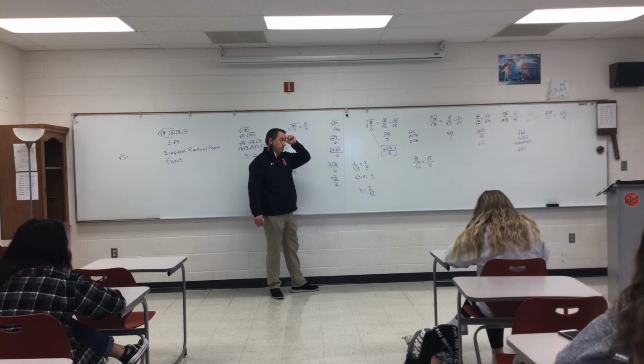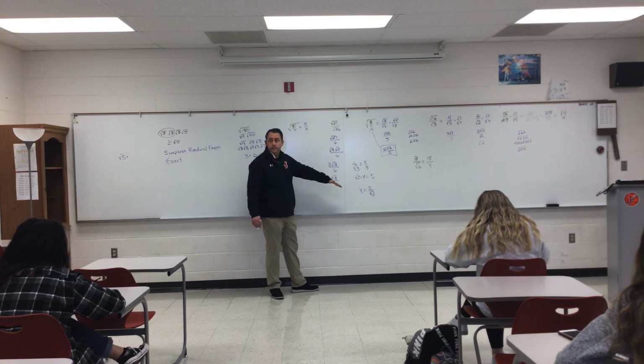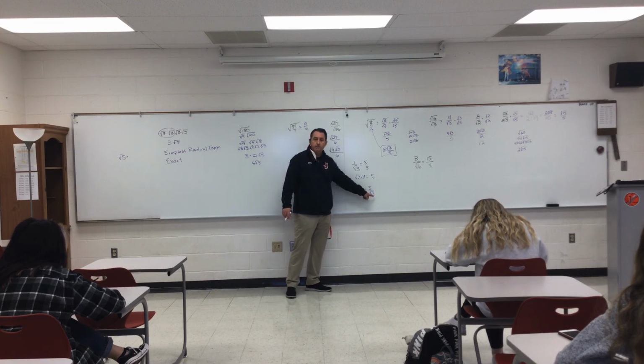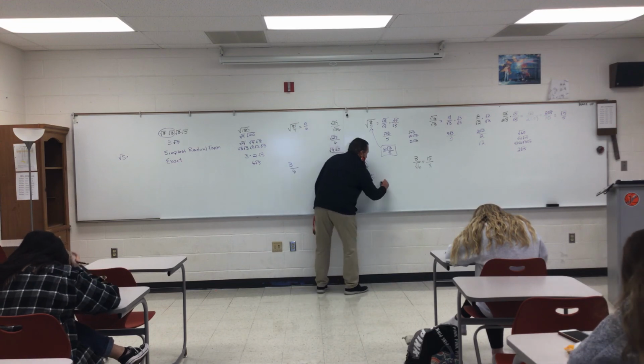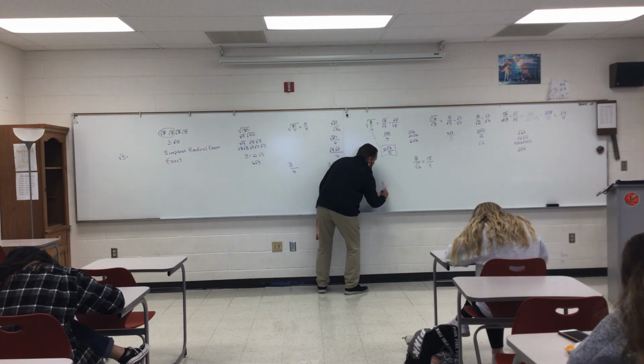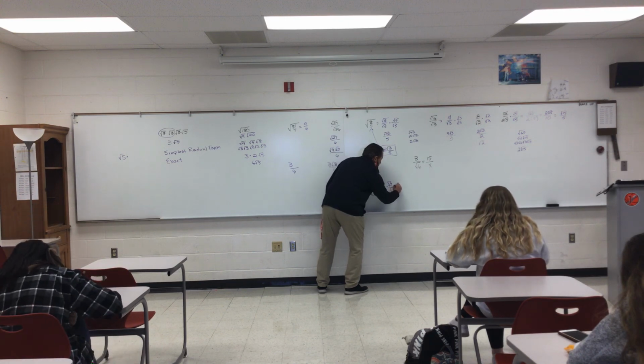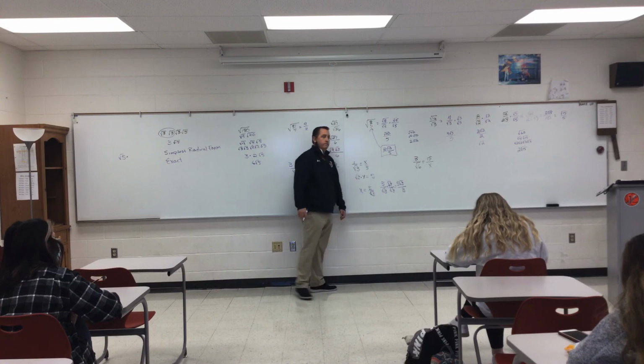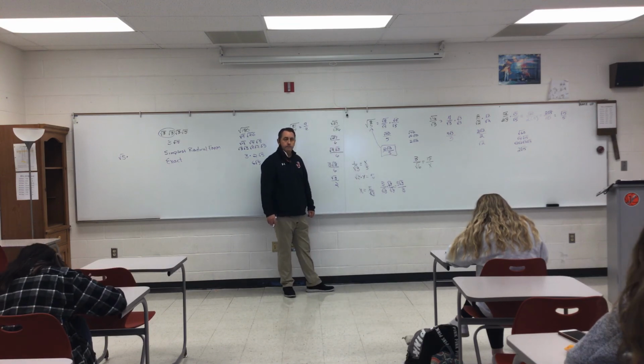Can I leave it like that? This is our new thing we learned today. I've got a square root on bottom, I can't have a square root on bottom, right? So what do I need to do? Multiply the top and bottom by that square root. Now I got it.